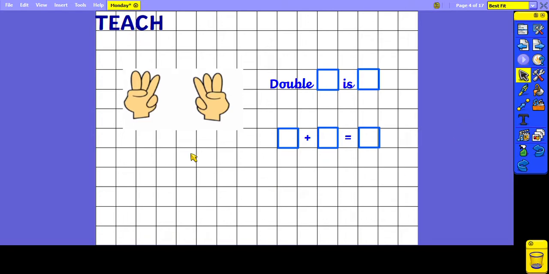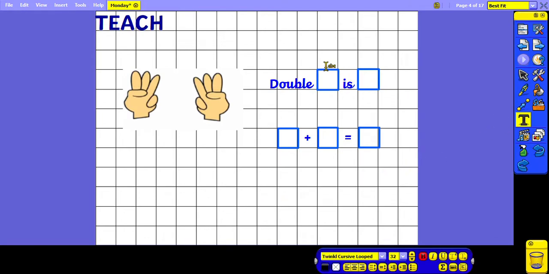So this time we've got a picture of 2 hands and each one has got 1, 2, 3 fingers pointing up. So we are doubling 3. When we're doubling 3, we're doing 3 add 3.